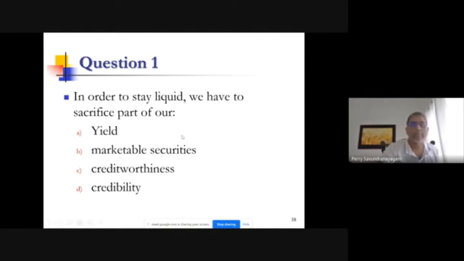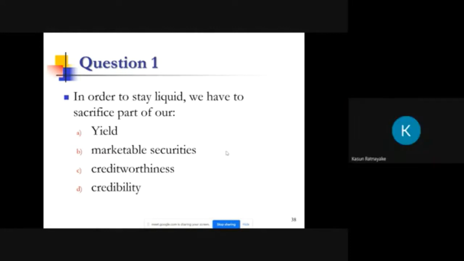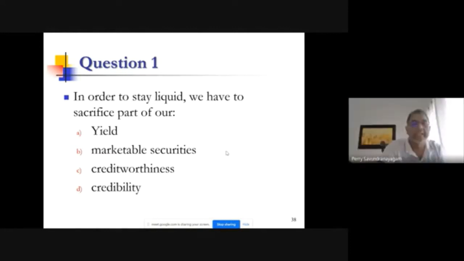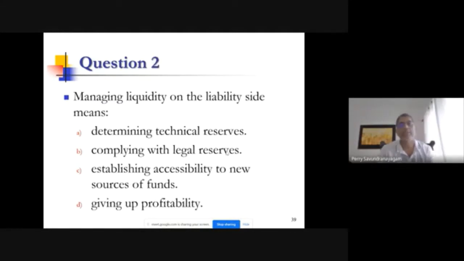Question number 1. In order to stay liquid, we have to sacrifice part of our, what do you think? Yield. Anybody else? Yep, correct. Managing liquidity on the liability side means determining technical reserves, complying with legal reserves, establishing accessibility to new sources of funds, giving up profitability.